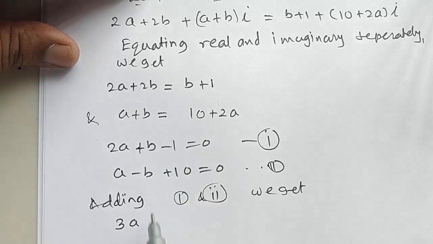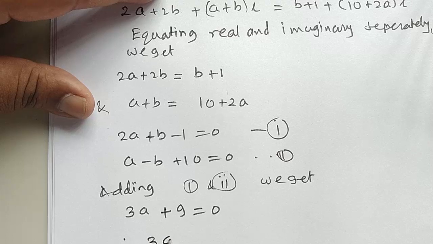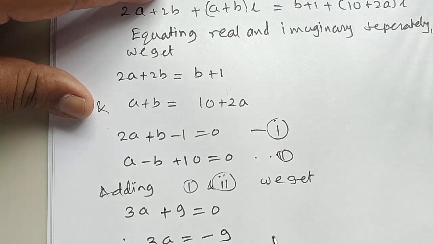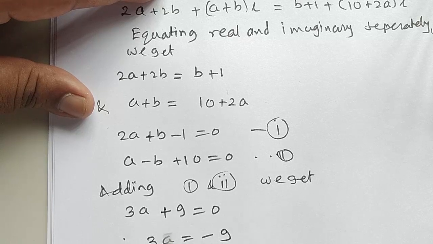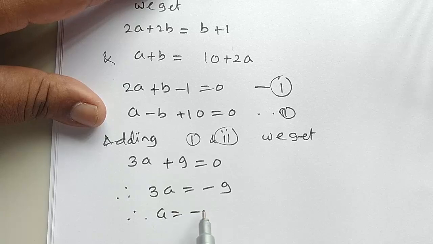Minus 1 plus 10, that is plus 9 is equal to 0. Therefore, 3a is equal to minus 9. Therefore, dividing 3 on both sides, we get a is equal to minus 3.